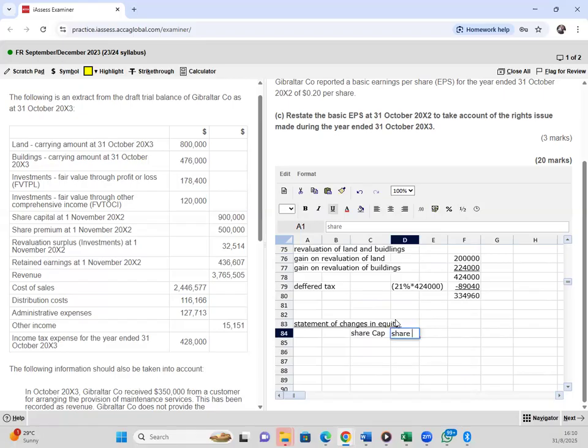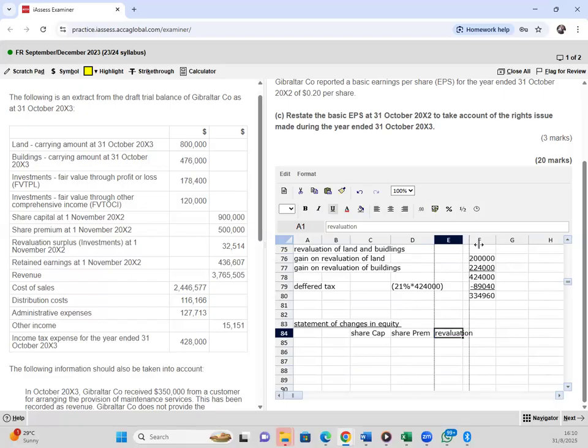It's a reserve. Besides the share premium, we have revaluation. Revaluation is a reserve. Besides the revaluation, we have retained earnings.